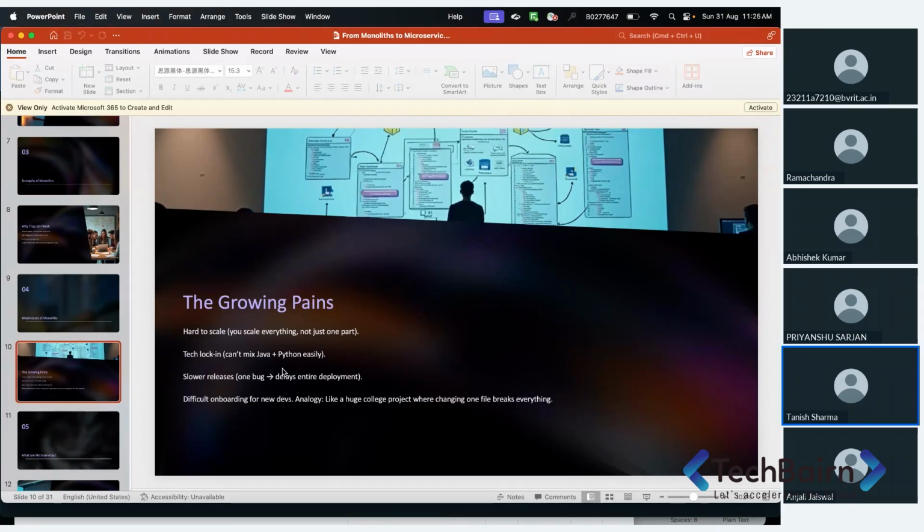Now let's say you want to make a single bug fix over a particular feature in a monolith service. You need to wait for the whole software life cycle.